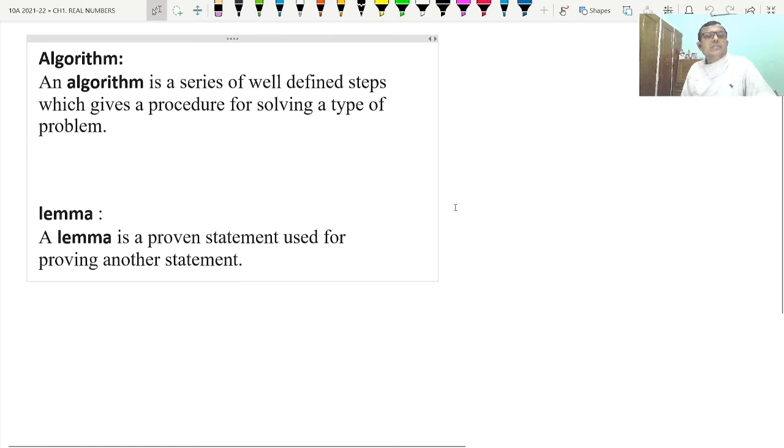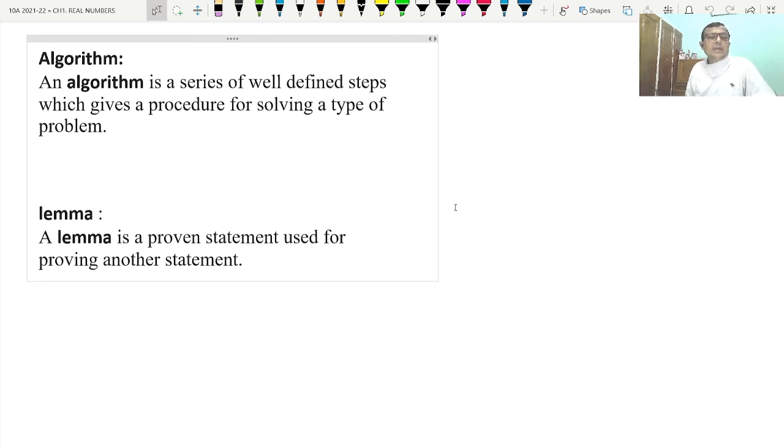An algorithm is a series of well-defined steps which give procedure for solving a type of problem. Algorithm is a step-by-step procedure to solve something. So if you apply Euclid's division lemma step by step to solve something, then it is called Euclid's algorithm.